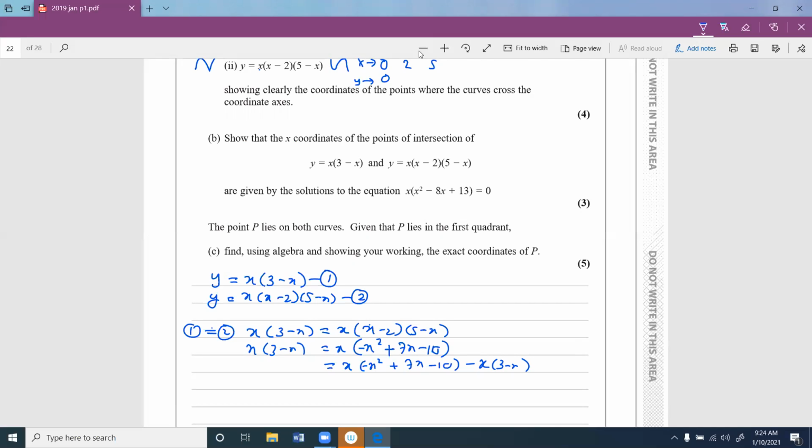Right, okay. Then you can take this x out with it. 0. To take x out, it turns up to minus x squared plus 7x minus 10. If you take x out, it's minus 3 plus x.